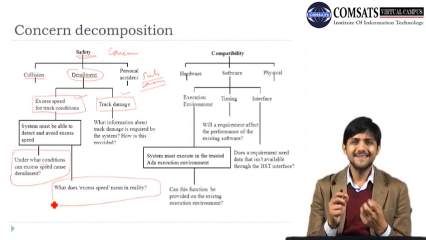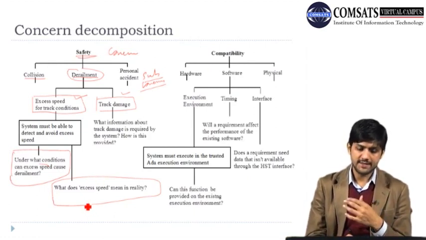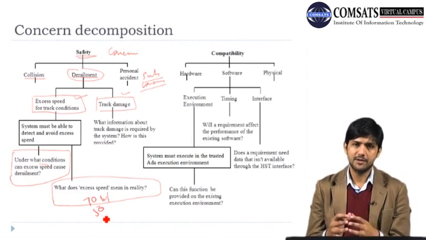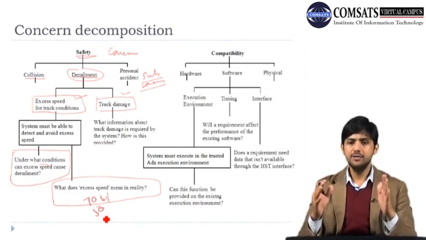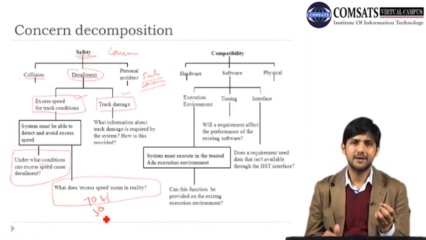What does excess speed mean? For example, does excess speed mean that the train is going at 70 kilometers per hour, or is it 50 or so? What is excess speed for a particular type of track condition? And we need to figure out what is meant by poor track conditions.